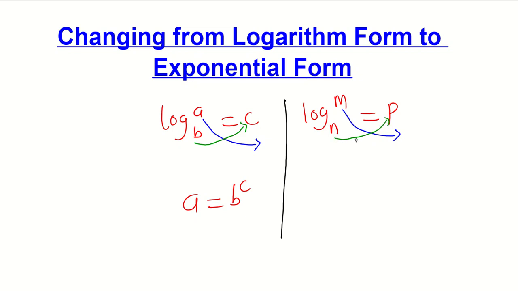But n is going to be raised to the power p, and so we can write our answer as m, which is equal to n exponent p. And this is how we can change from logarithm form to exponential form. So having known this, let's try 1 or 2 examples.